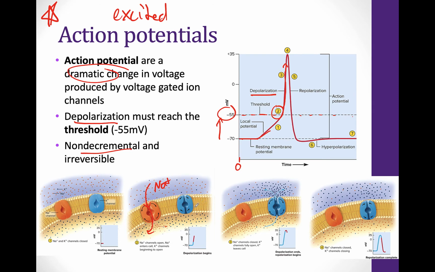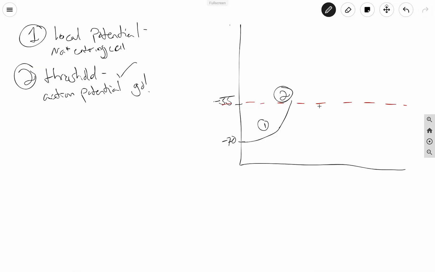The potassium channels are going to start to open, but we're not seeing any potassium leaving yet. So here's step 3, our massive increase. We'll probably get up to maybe positive 35 millivolts. And this is depolarization.